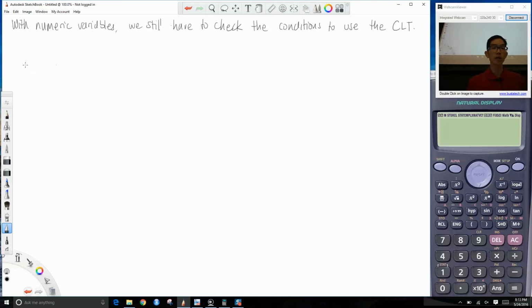Okay, and so the conditions are the same. One is we have the random and independent condition. How do we check to make sure that this is met? The sample must be obtained randomly, right?